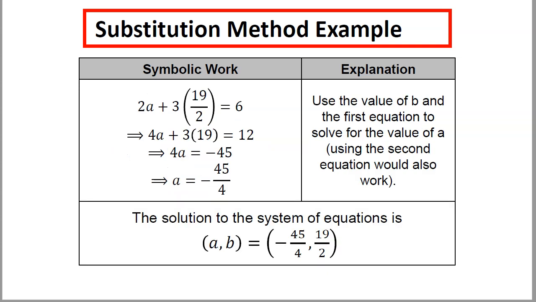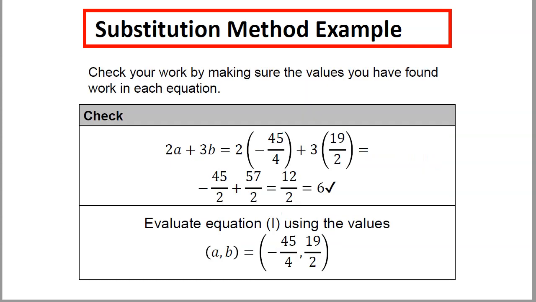Now we still need to know what A is, and we can use that value of B and the first equation to solve for the variable A. We could also use the second equation. When we plug 19/2 in for B, we find that A is -45/4. So now we have our solution. A is -45/4 and B is 19/2.